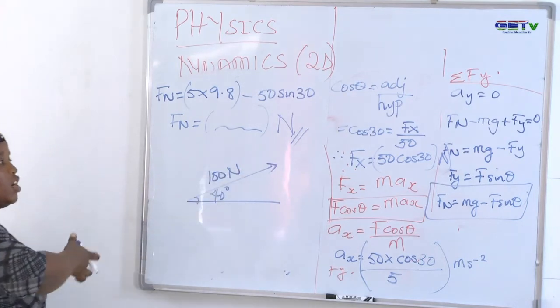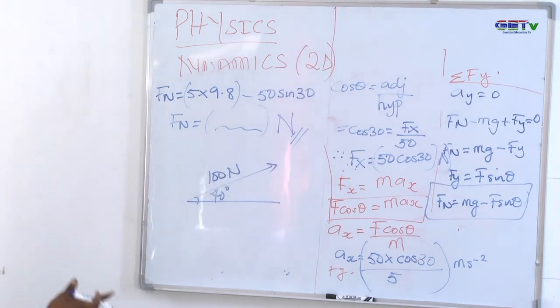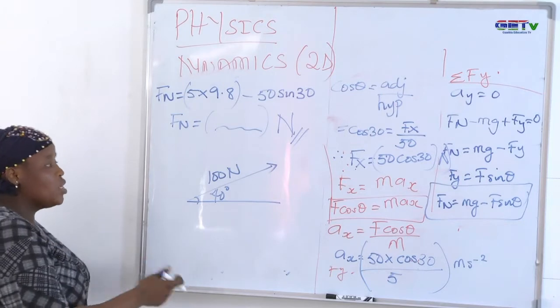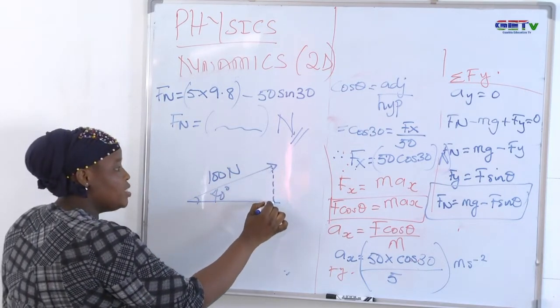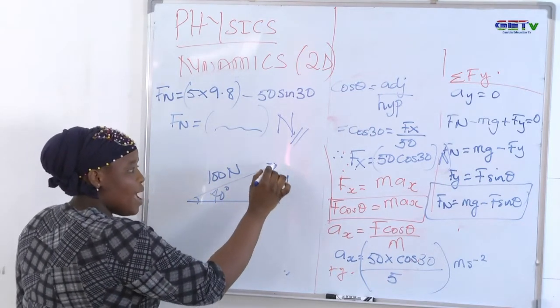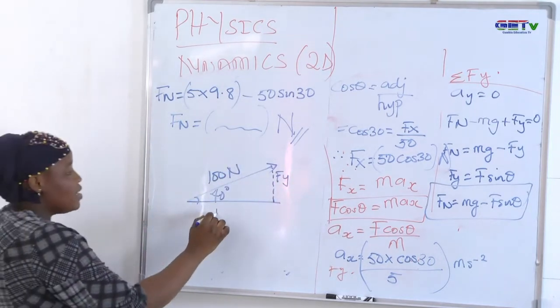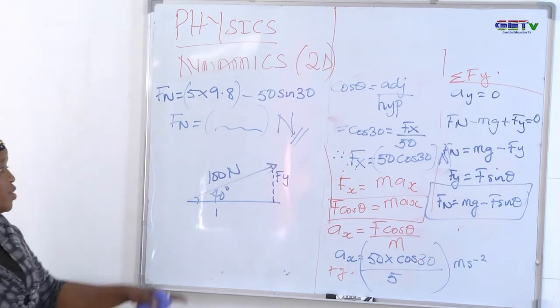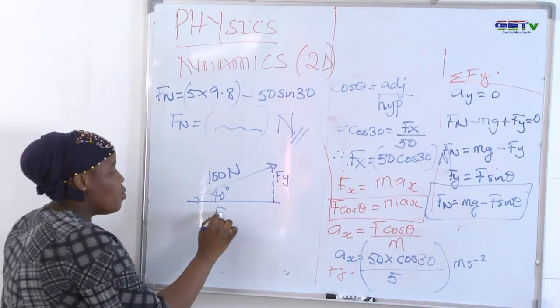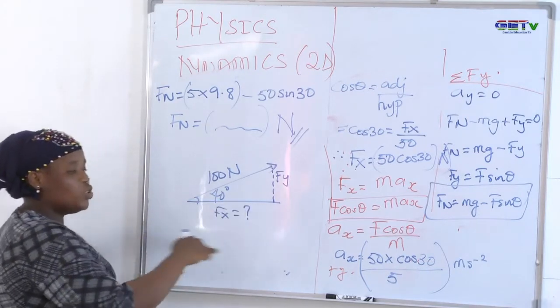The hypotenuse, or the longest side of the triangle, will always give you the magnitude of the applied force. And then the vertical component, which we usually associate with the y-axis, will be the magnitude of the y component, and that of the x component will be given as the horizontal component.